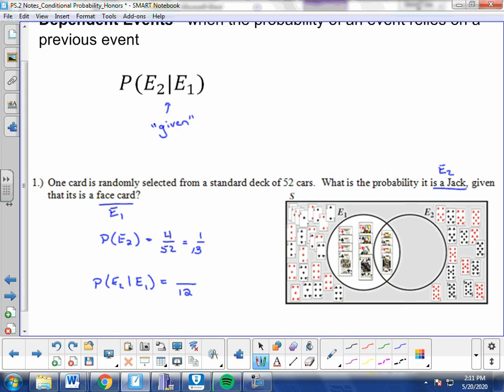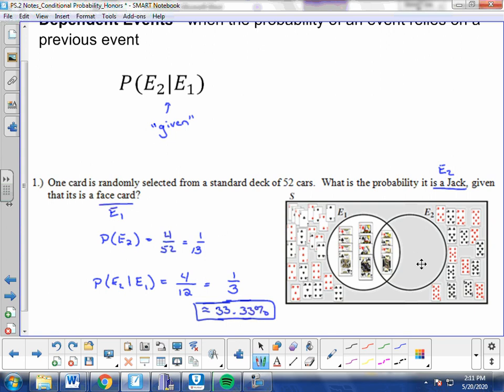So if we want to draw a jack now, there's 4 jacks out of those 12 face cards. And so the probability in this case actually grows to about 33.33%, or 1 over 3. Because of the event 1 condition, it increases our chances. If we know we're drawing from only face cards instead of the 52 cards in the deck, it increases our chances of drawing the jack.